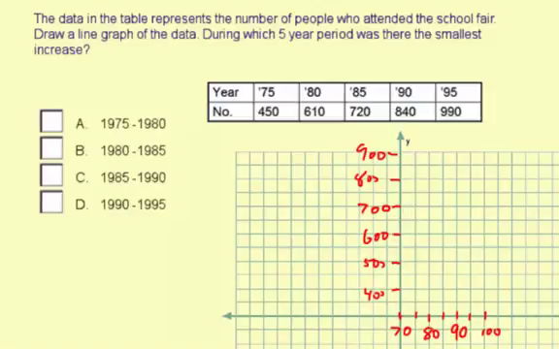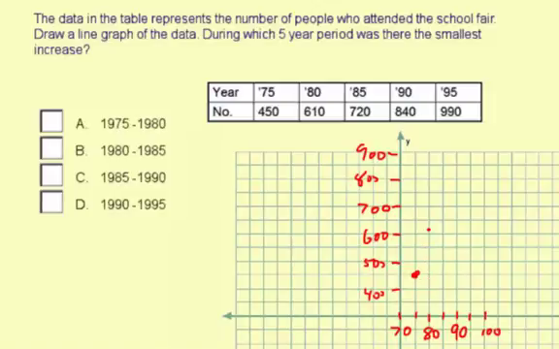Okay, so let's plot some points. The year is 1975, so I'd be at 75 on the horizontal axis, and then up to 450. 450 is right here. So there's the first data point. And then 1980 up to 610, about right there.